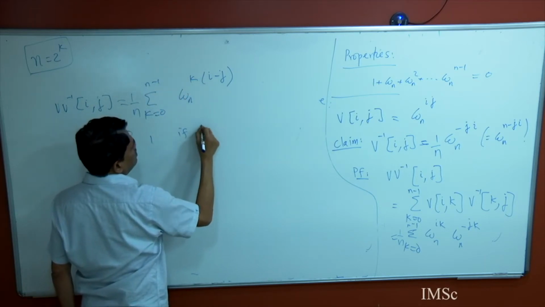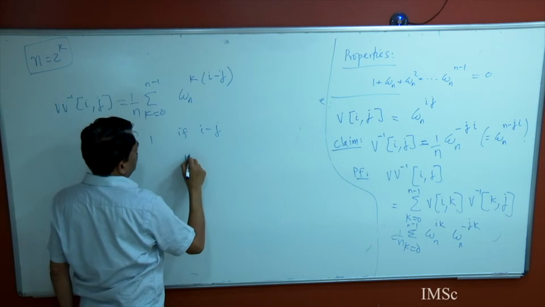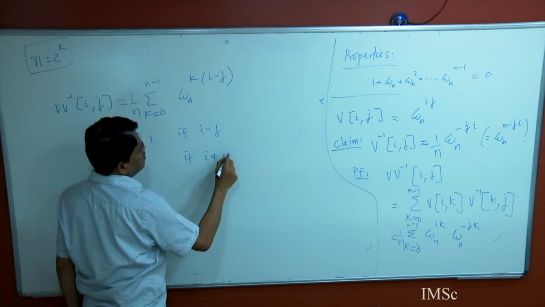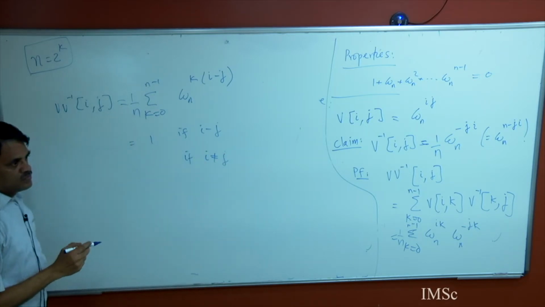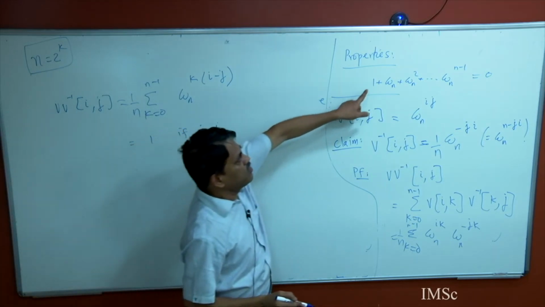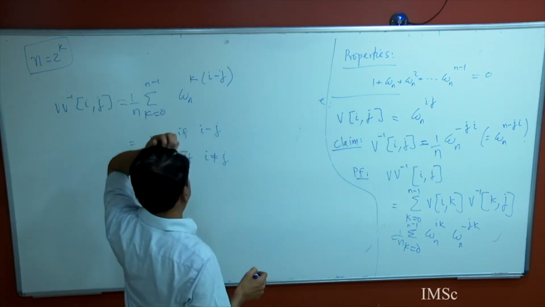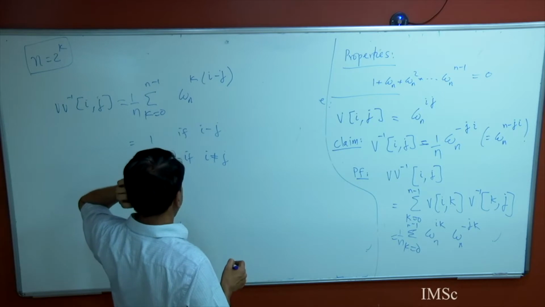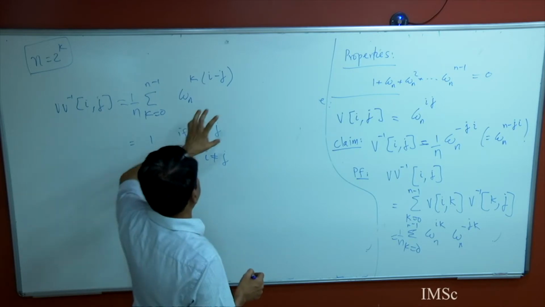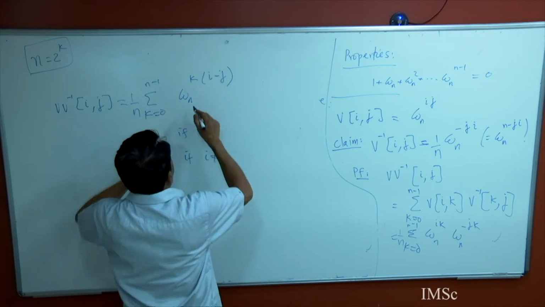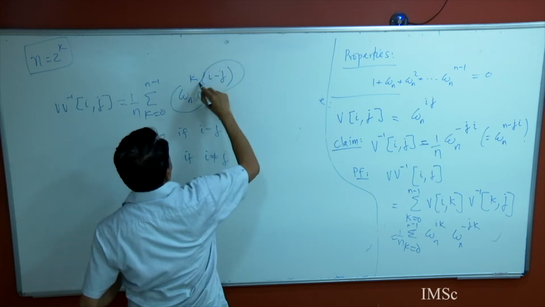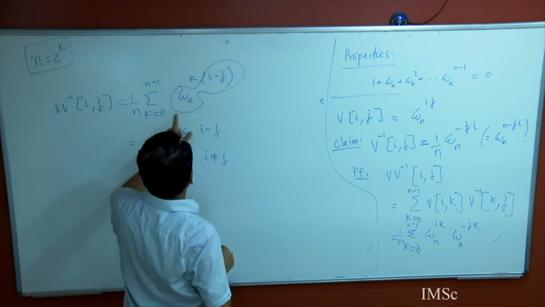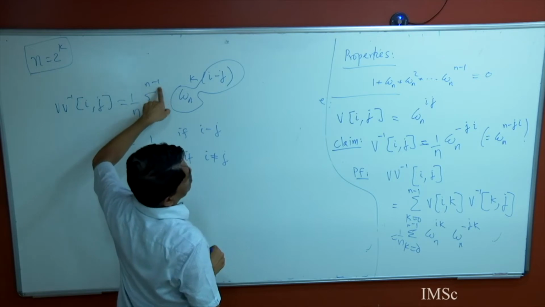If i is not equal to j, take omega_n to the power i minus j and sum from 0 to n minus 1.